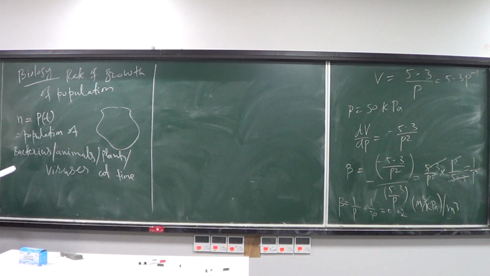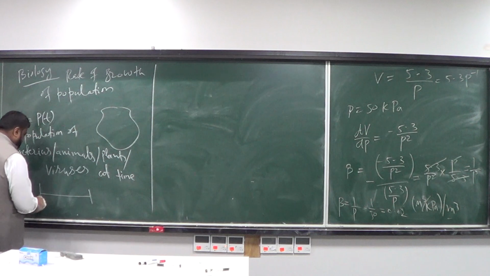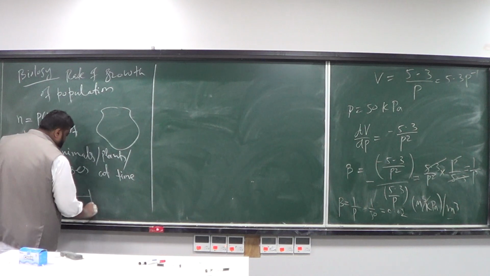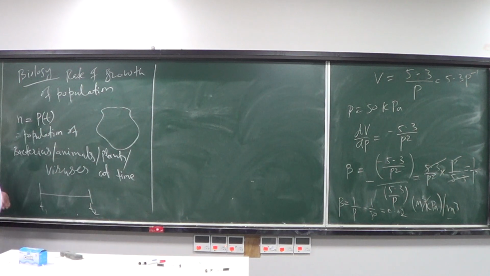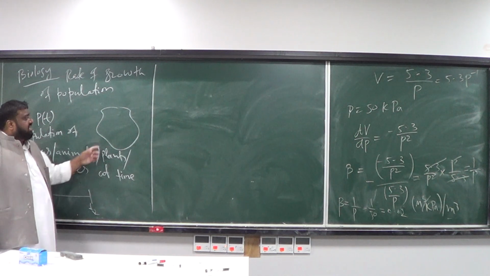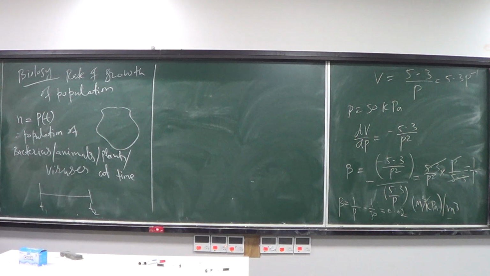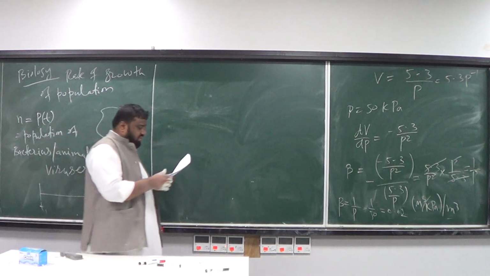So you want to know, if I'm going from time 1 to time 2, what is the growth of the population, the growth of bacteria, animals, plants, viruses in this region between this time interval. One way would be to talk about average growth.